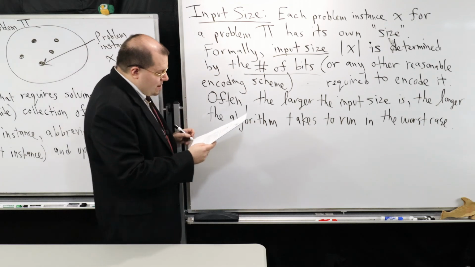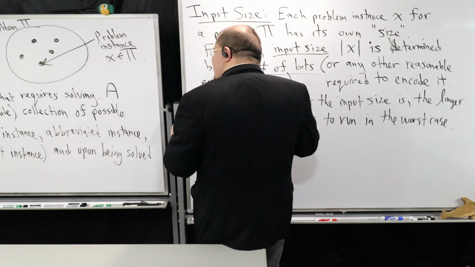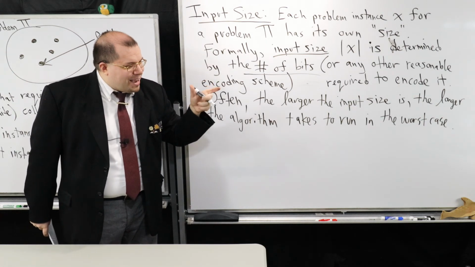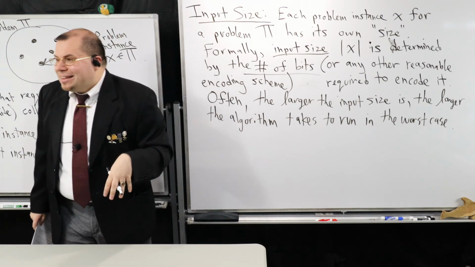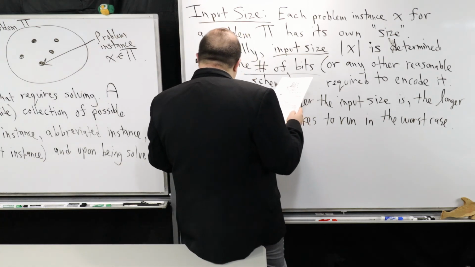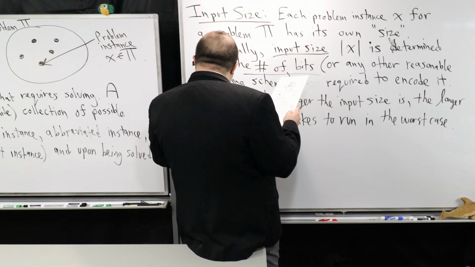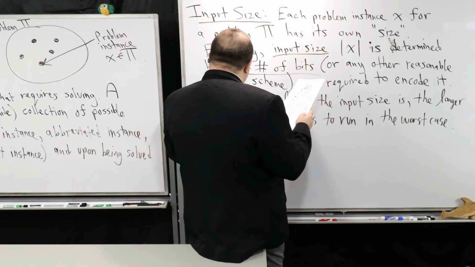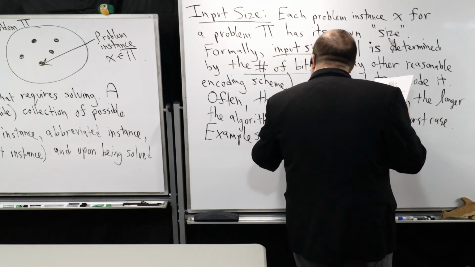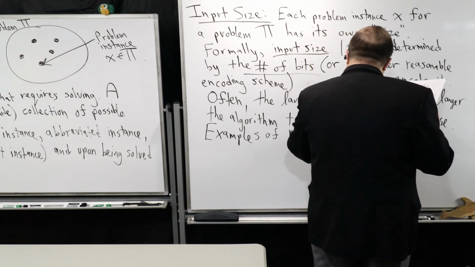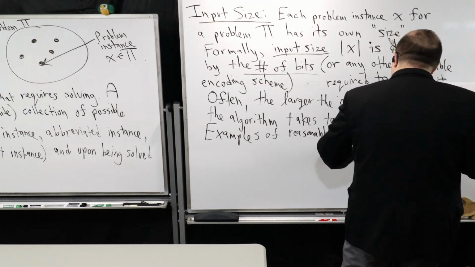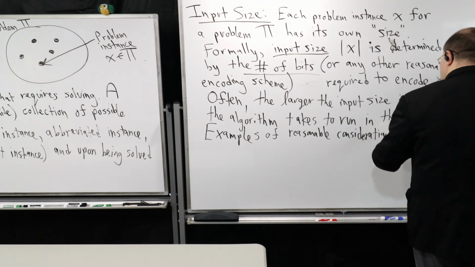So you might ask, Dan, are we actually going to sit down and measure all of these bits out and calculate it? No, we actually don't have to do that. There are some interesting reasons why, but depending on how much time, I'll talk about it. But I'm going to tell you about examples of reasonable considerations for the input size.